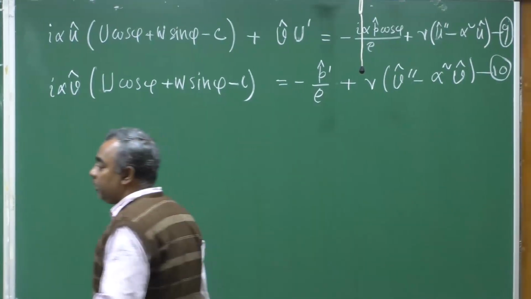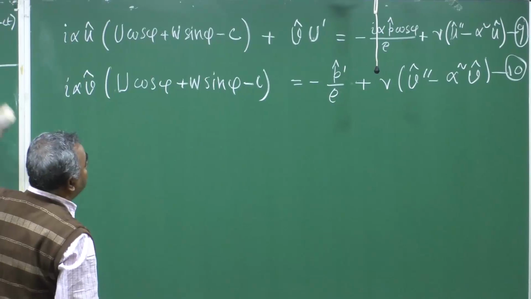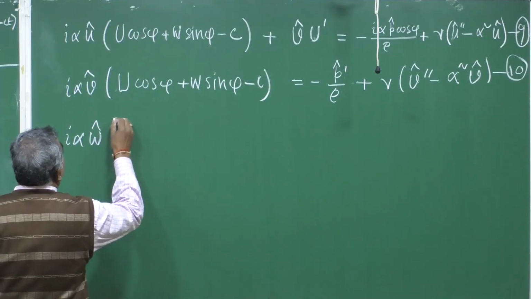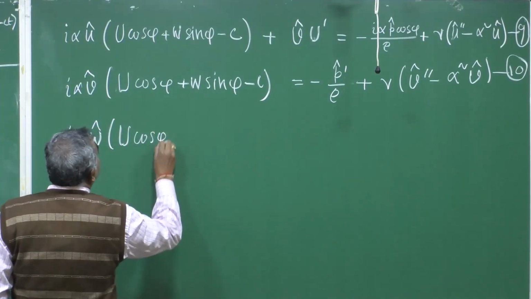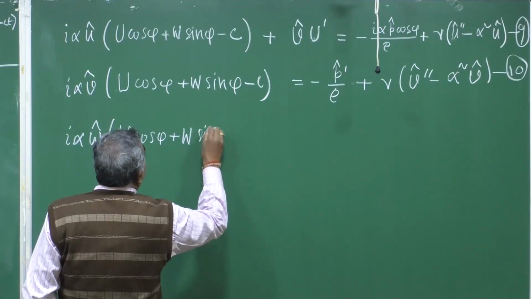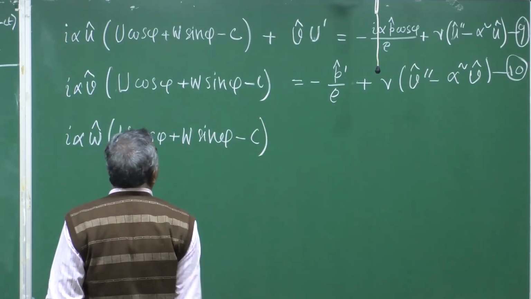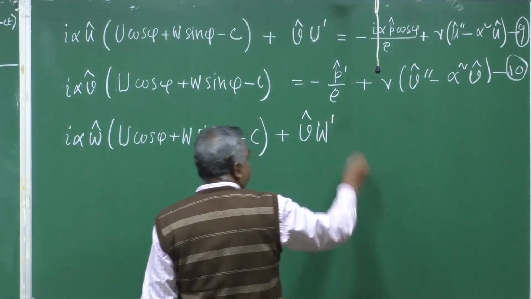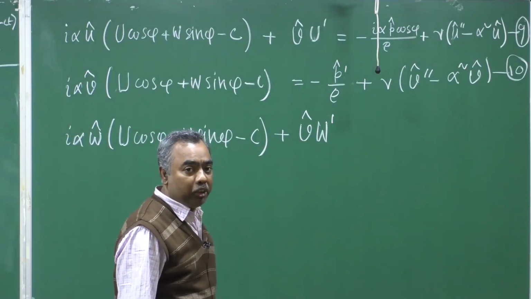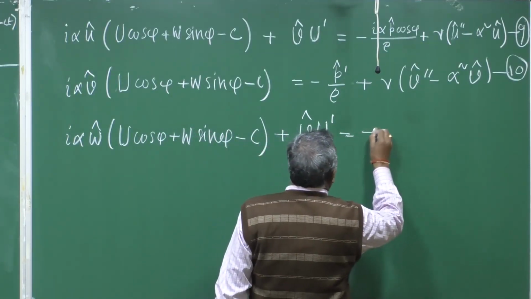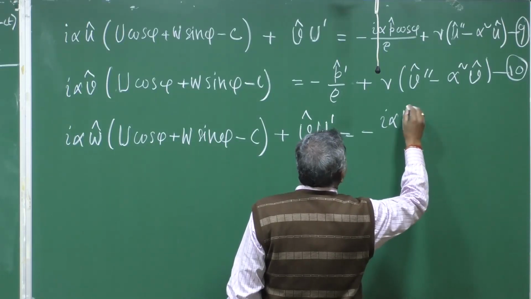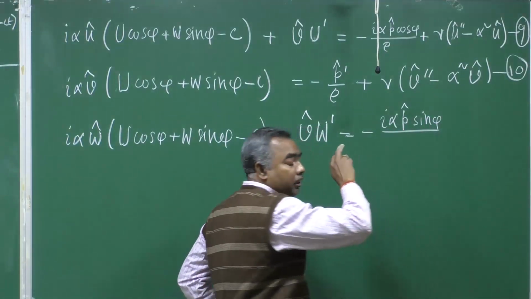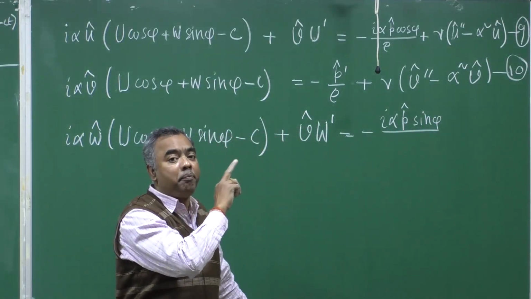Similarly, if we use equation 7 in this normal mode form, we get i alpha w hat u cosine phi plus w sin phi minus c, plus v hat w prime, the total derivative with respect to y, equals minus i alpha p hat sin phi, because this term is del p prime del z.